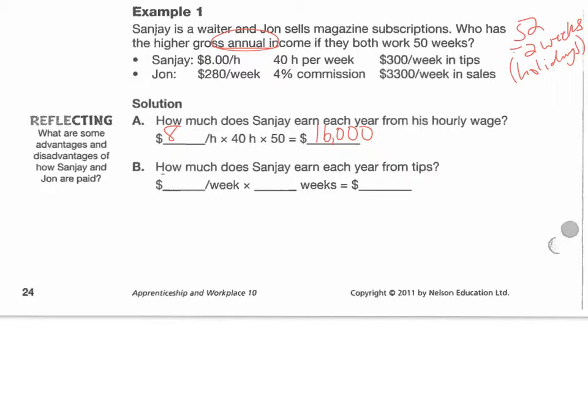So he gets $300 a week multiplied by 50 weeks, and he'll get, not bad, $15,000. So what's his total? Well, it's going to be $31,000, which is $16,000 plus $15,000 gives you a total of $31,000.